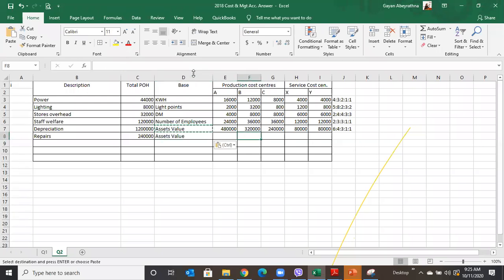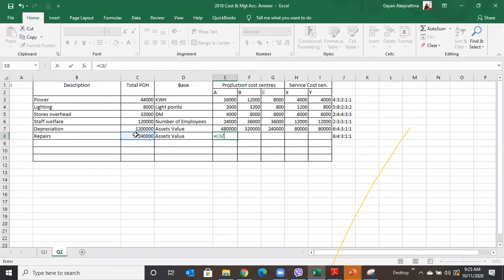Then the ratio is also the same. Let's calculate 240 divided by 15 into 6. Then 240 divided by 15 into 4.